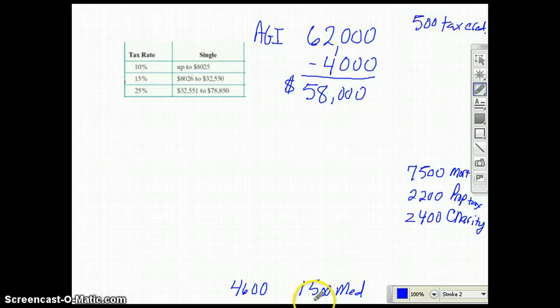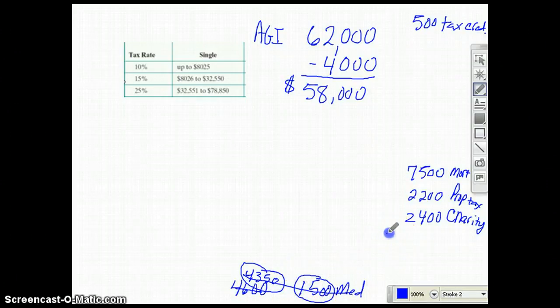Remember, the medical counts only if it's over 7.5% of her AGI. If you take 7.5% of the AGI, you get this number right here. Now look at her medical expenses. Are they more than 7.5%? No, her medical expenses are $1,500. So we've got some bad news: we're not going to be able to deduct her medical expenses.